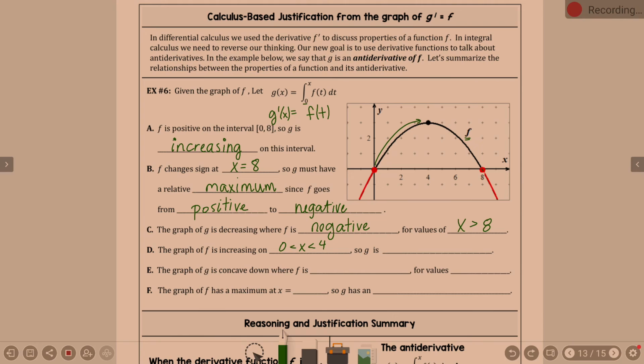If the graph of f is increasing, what do we know about g then? And this is going to that second derivative step. If the graph of f is increasing from 0 to 4, then g is going to be not just positive, but think concavity here. Concave up.